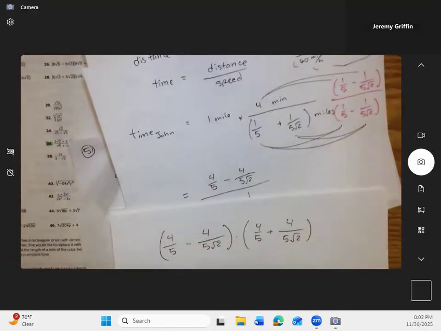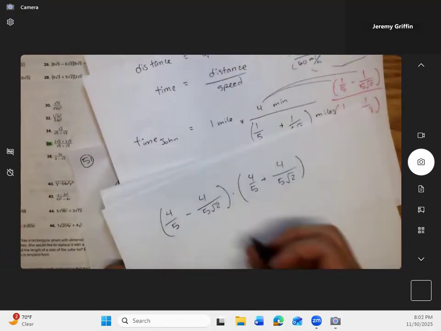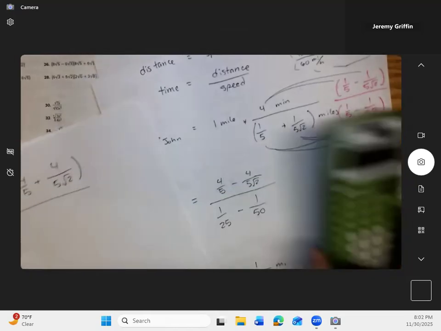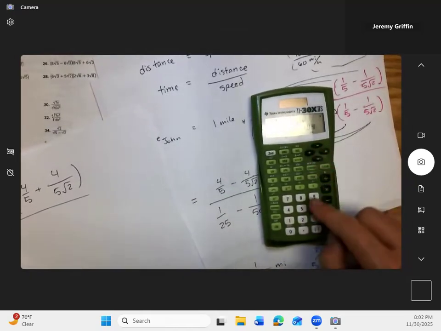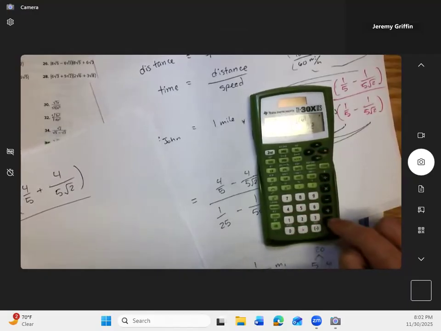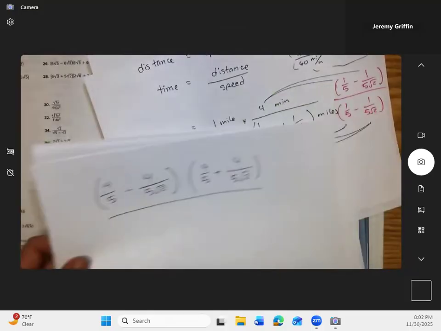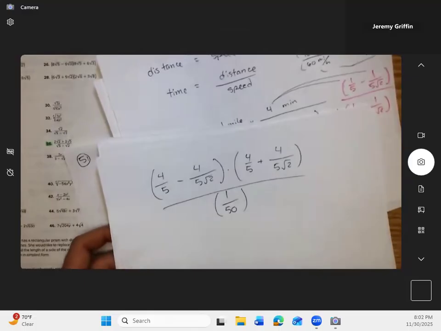And then this is all divided by, okay, show you guys this is true, 1/25, oops, it's like 0.04. So if I do 1/25, that's 1/50. So it's all divided by 1/50, like this.